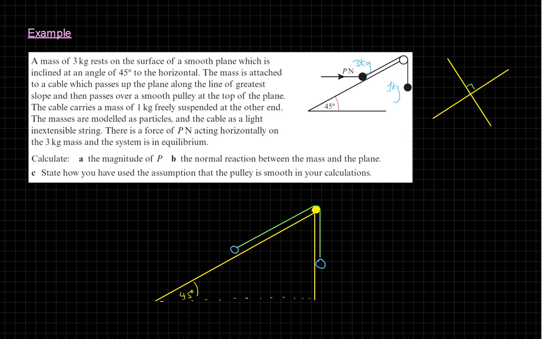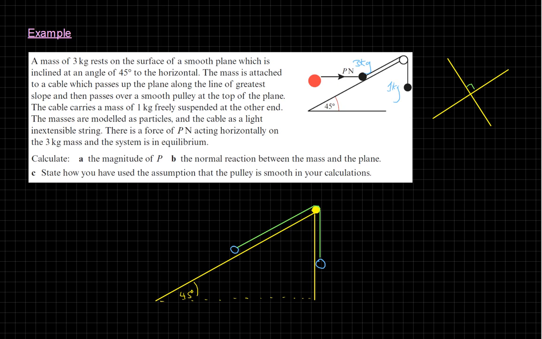Right, so let's start labeling some forces. The obvious one is P. Now, I actually don't quite like the way they've labeled it on the diagram. It's more helpful to label the force in such a way that, if you're using arrowheads, the arrow is pointing out from the object, whereas this kind of looks like an arrow pointing into the object. I suppose that's more to just indicate that this mystery force is somehow acting from the left.